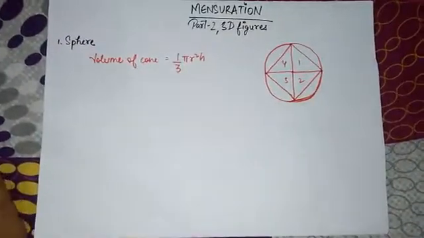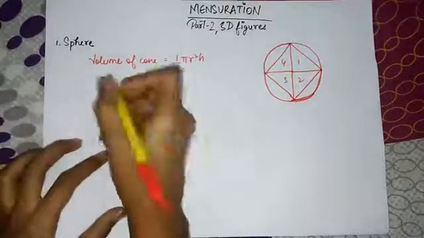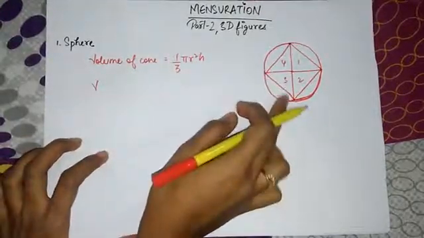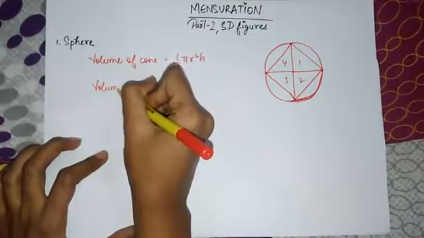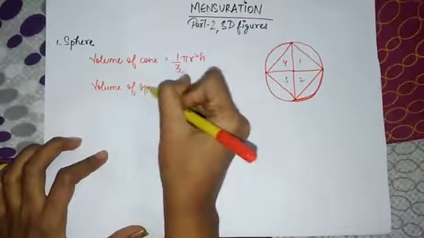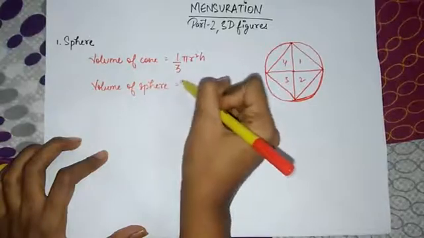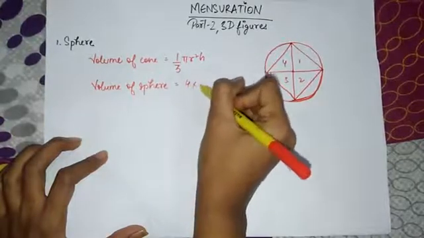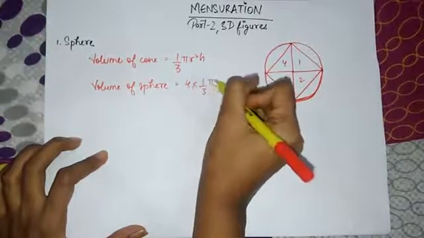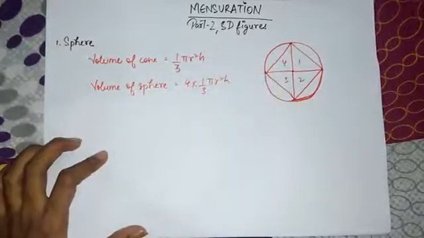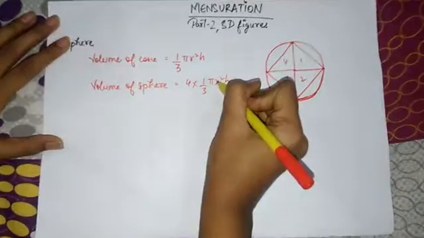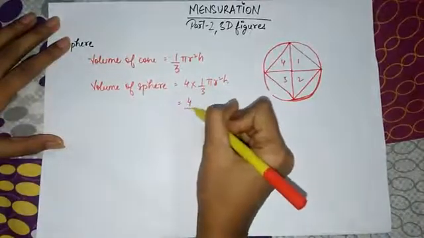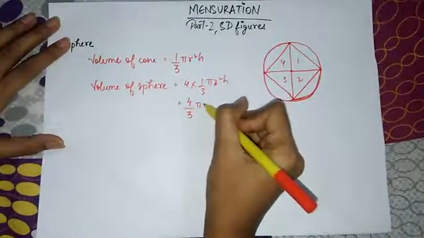How can we learn the formula? There are 4 right circular cones, so the volume of sphere will be 4 into 1 by 3 pi r square h. Okay, so it becomes 4 by 3 pi r square.